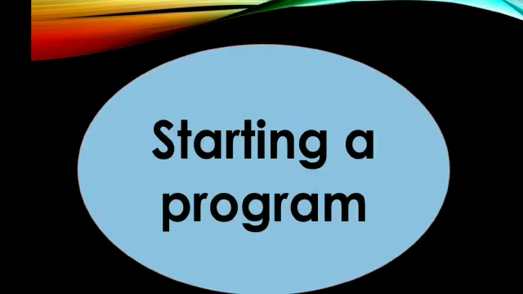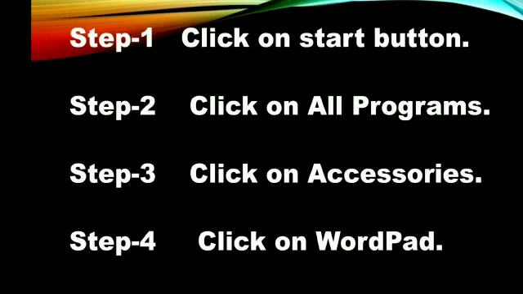Now our next topic is starting a program. To open the WordPad program, we have to follow the following steps. Step 1. Click on Start button. Step 2. Click on All programs.